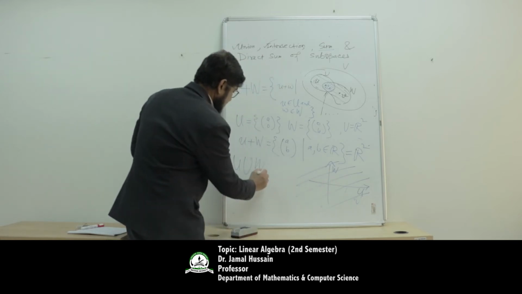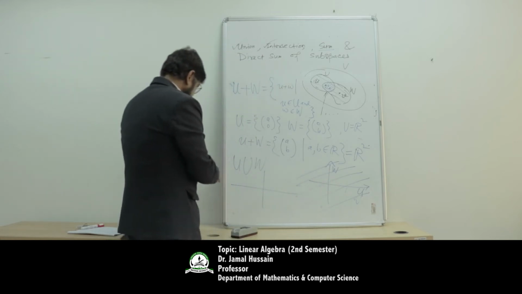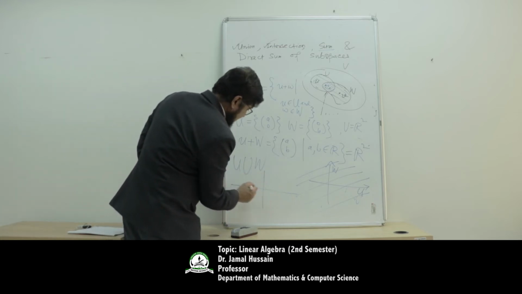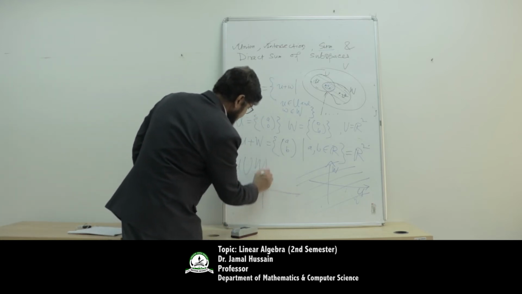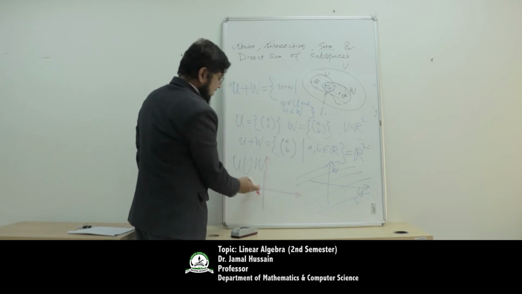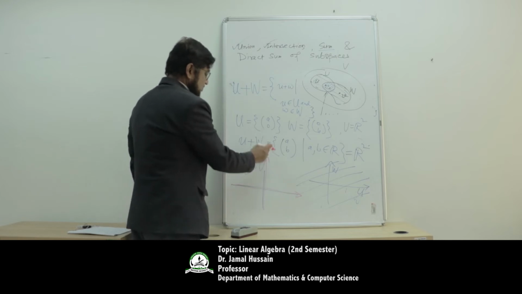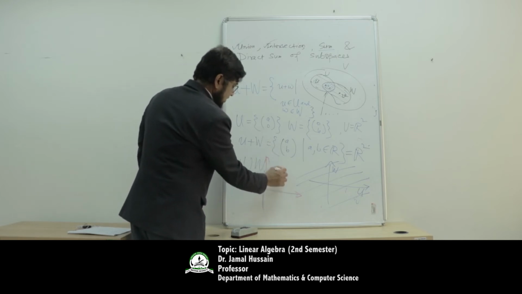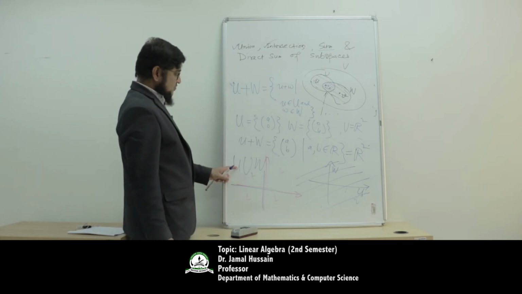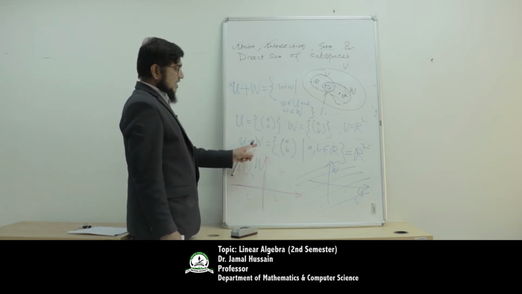It is only this axis and this axis. So it is the collection of the points lying on this line as well as this line, not this part, not this part. So this is the difference between the union and the sum as defined.